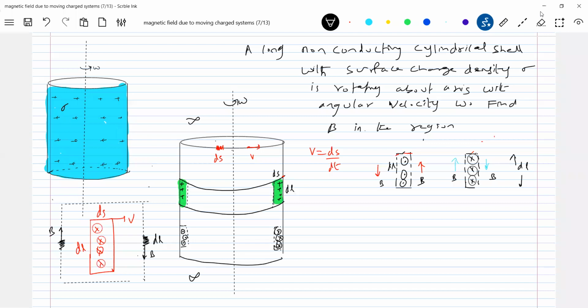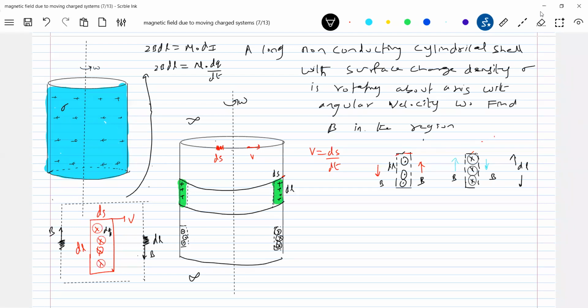So 2B dl equals mu naught into di. How much current is in that? Let it be di, which should be equal to the total charge enclosed here, let it be dq. So 2B dl equals mu naught dq by dt.